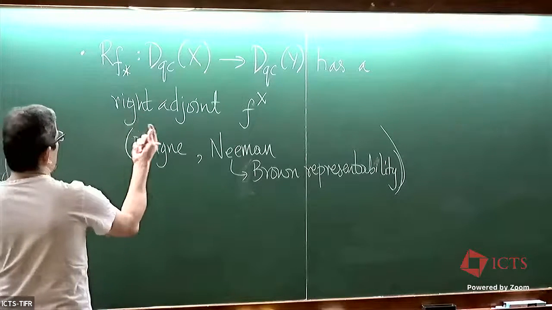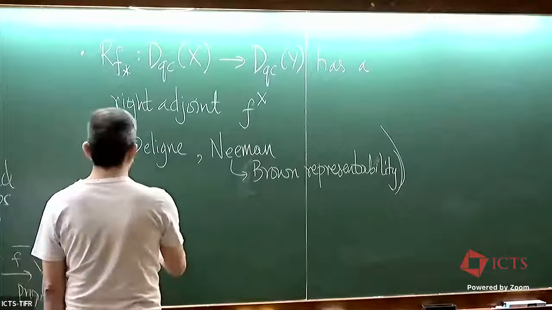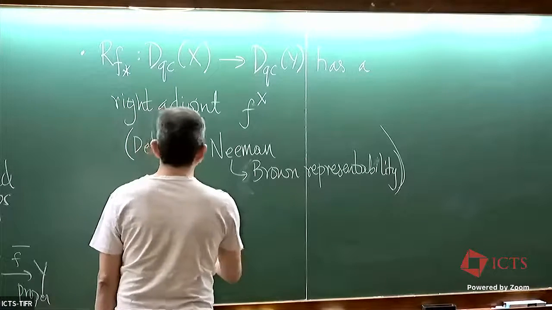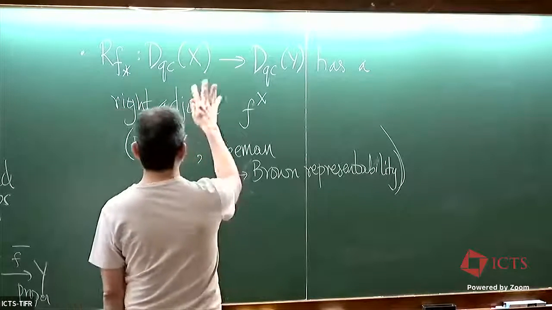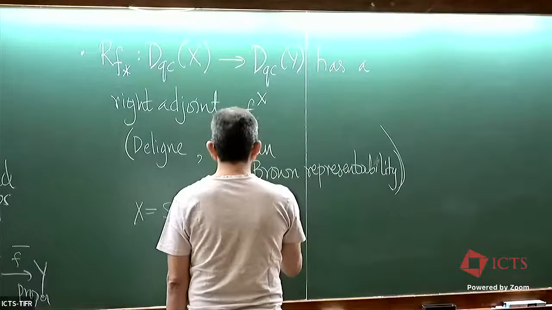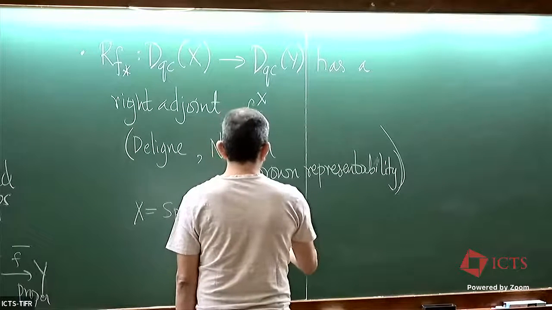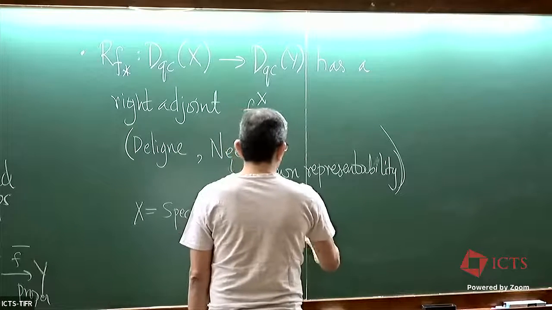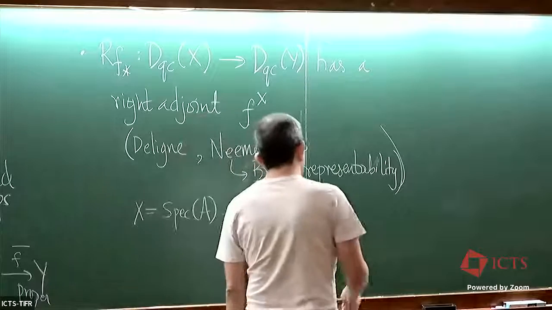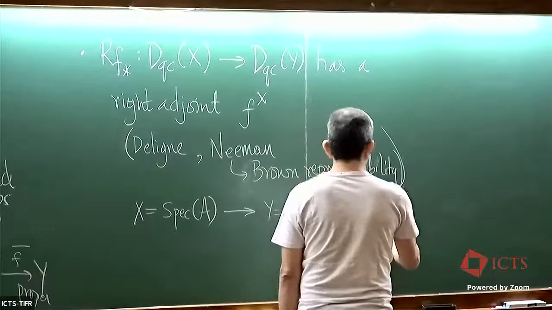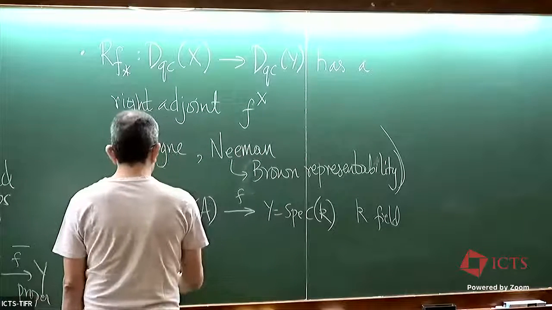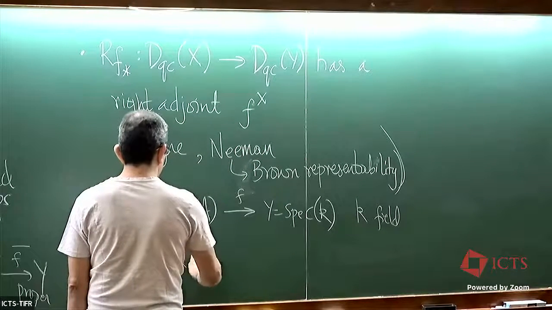Just one case I would like to mention. This is non-proper. I have not put the properness assumption here, so this will not be exactly what we will use, but suppose I have Spec K, where let's say K is a field for simplicity. Then in this case, you can say what f cross K is.